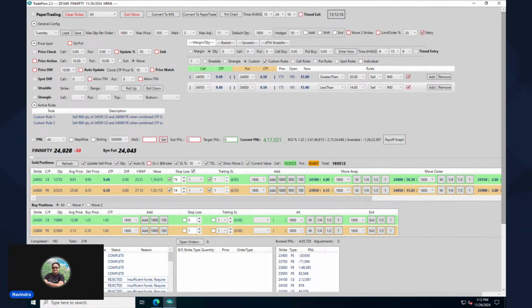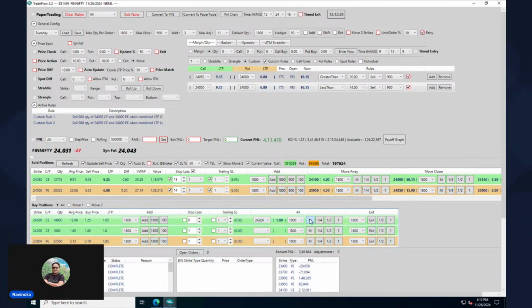Let me also see if I can get some more additional margin from the CE side. Not much, so leave it there. I usually get the additional margin when you come closer on the PE side, but not on the CE side. I'm talking about the hedges.